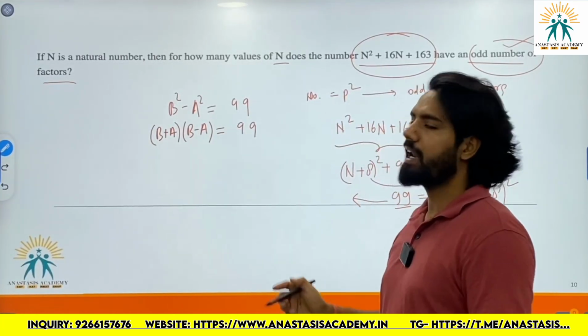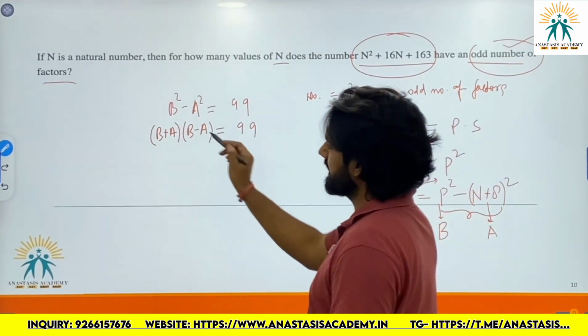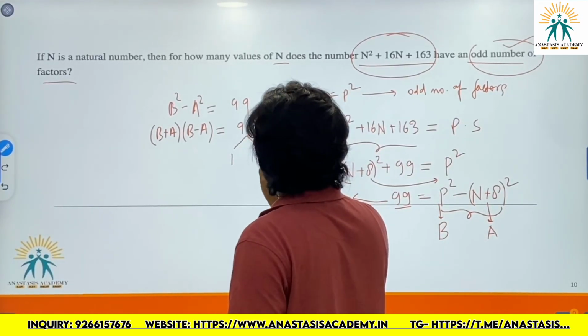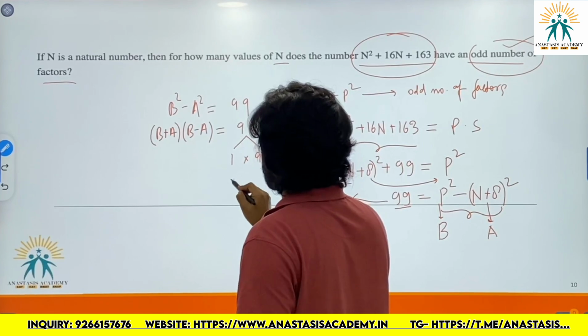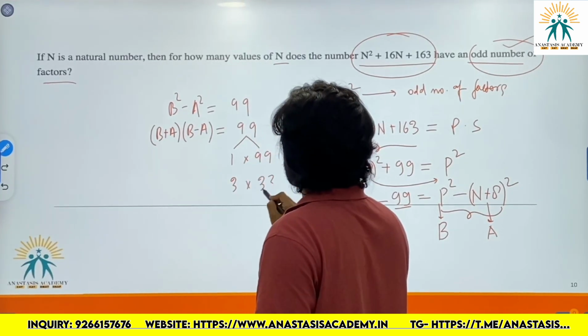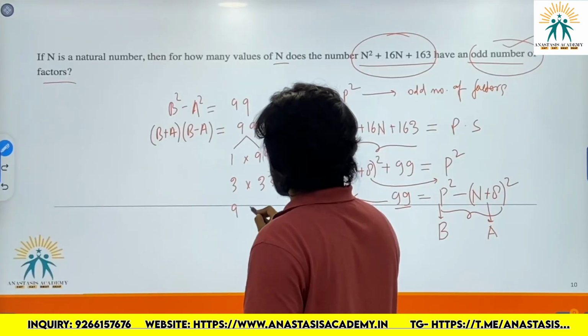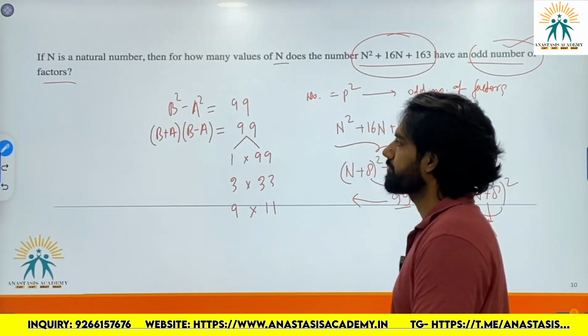So I have to break 99 into two numbers such that the product is 99. One is 1 and 99, second is 3 into 33, and third combination is 9 into 11.